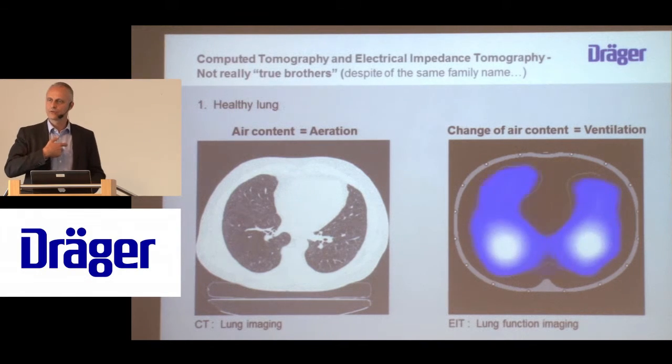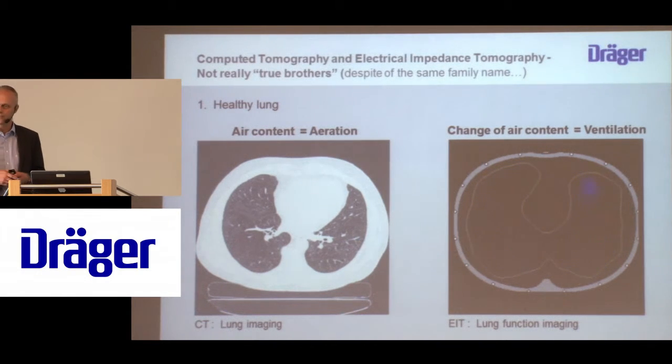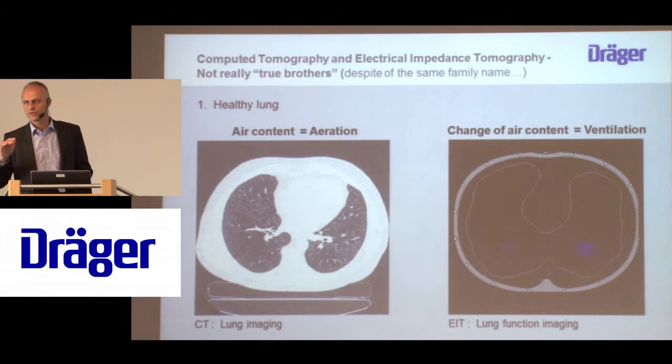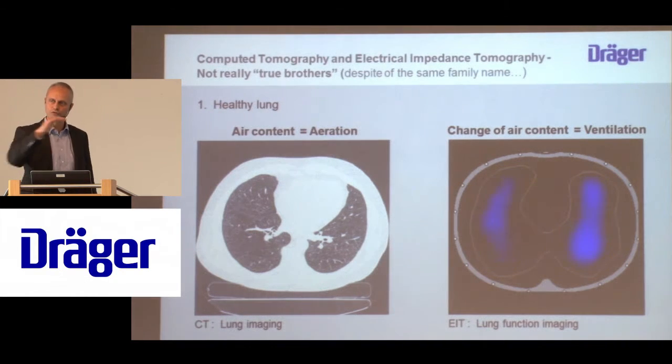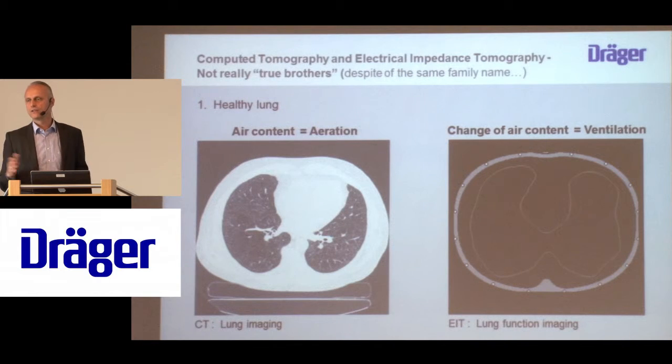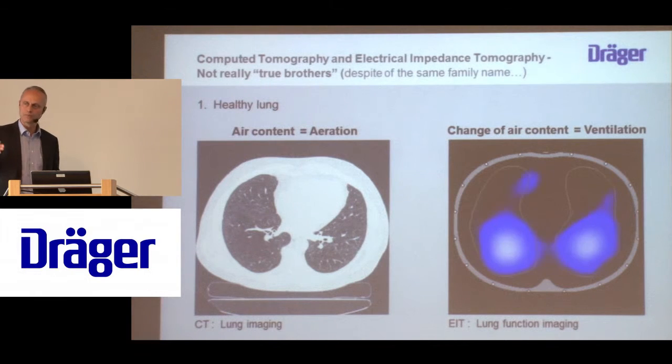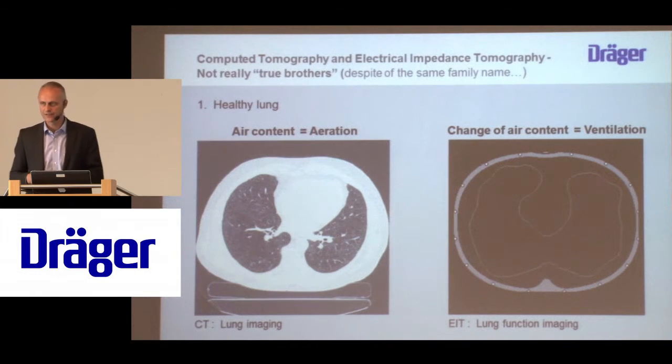Towards the center of the thorax, the slice is actually increasing, because in contrast to the X-ray, which goes straight through the lungs, the electrical current always looks for the easiest way to pass through the thorax, and that's why it spreads like an electromagnetic field. I will come to that point in my second presentation.